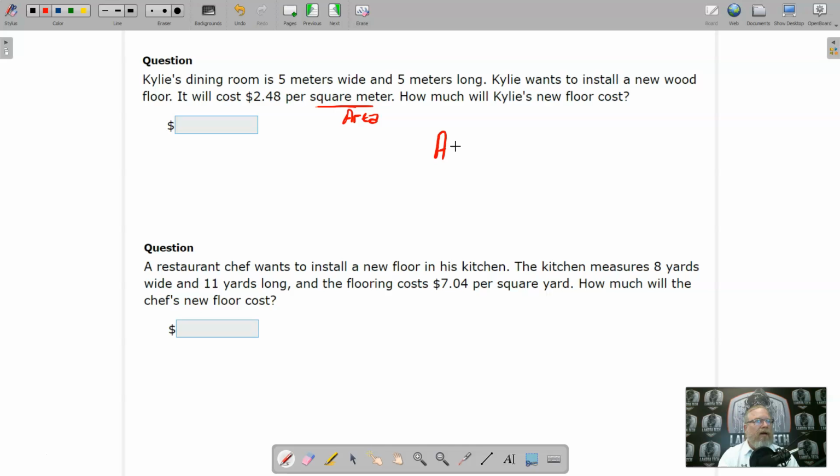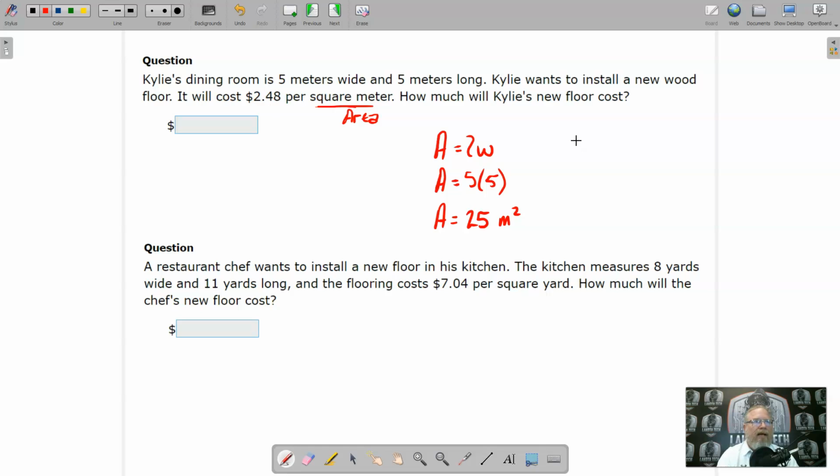So we know that area is equal to length times width. So let's go ahead and plug those values in. Area is equal to 5 times 5. Therefore, area is equal to 25, and that is 25 meters squared. And it costs $2.48 for each.